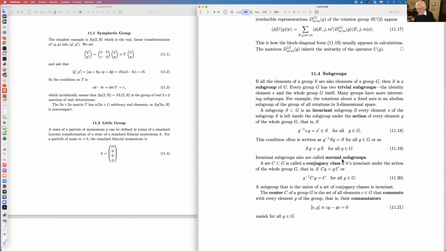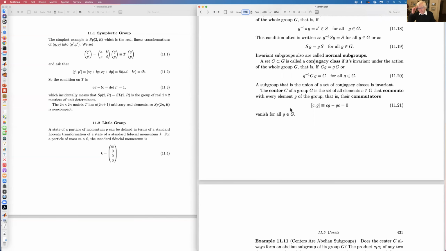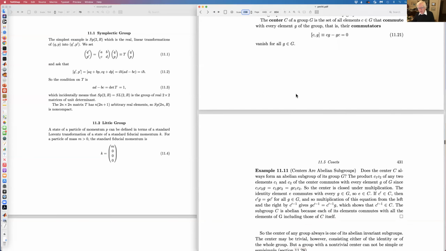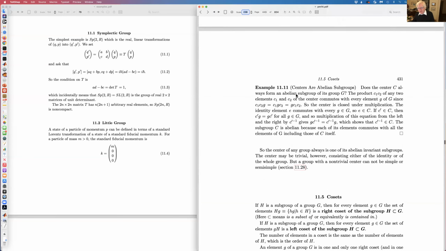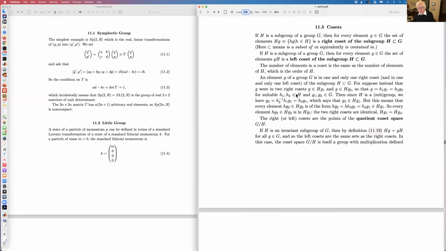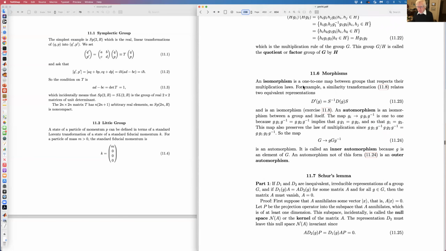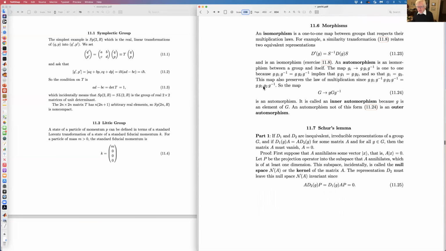Invariant subgroups are sometimes called normal subgroups. I think I'm going to skip conjugate class and center, but it's here in the PDF that's on the class webpage. I'm also going to skip cosets. It's amusing, but it's more pure mathematics than physics.